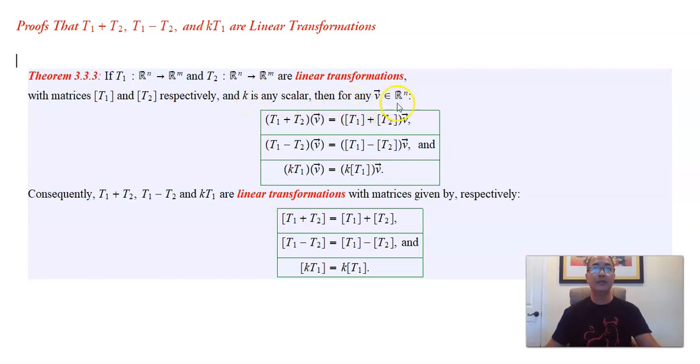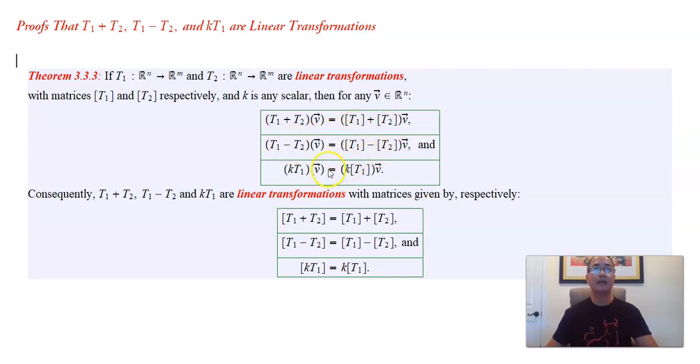Then, for any vector V in the domain Rn, T1 plus T2 evaluated at V is the same as multiplying V with the sum of the matrices for T1 and T2.